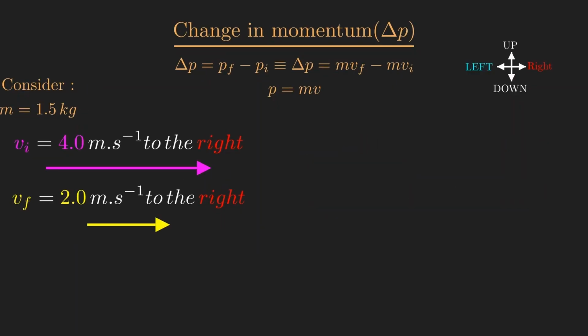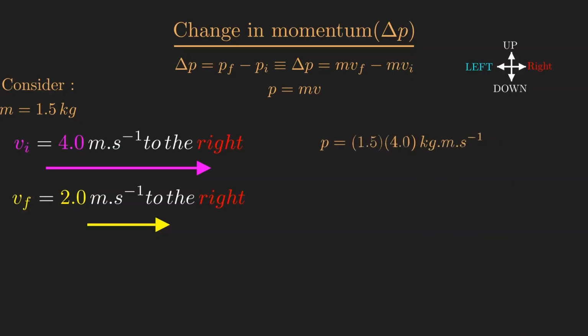Now let's consider an example where we have the magnitude of the final velocity being smaller than the magnitude of the initial velocity. We have a mass that is equal to 1.5 kilograms. Now let us go and determine the initial momentum.